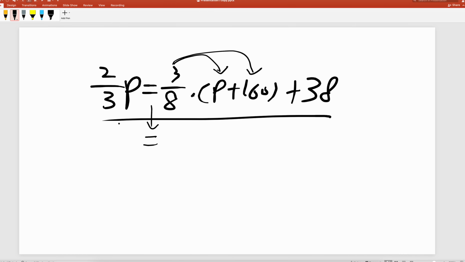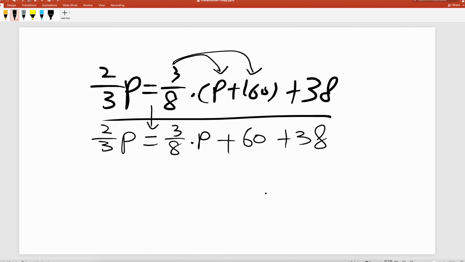Left hand side 照抄. The first arrow gives 3 over 8 times P. The second arrow, 3 over 8 times 160. The answer is 60, right? The rest just copy down.